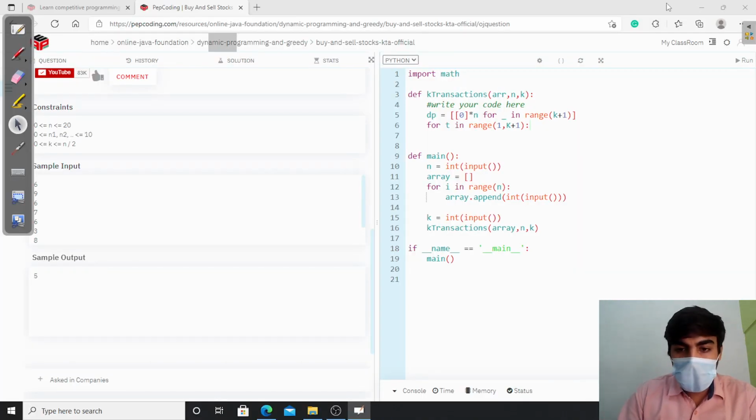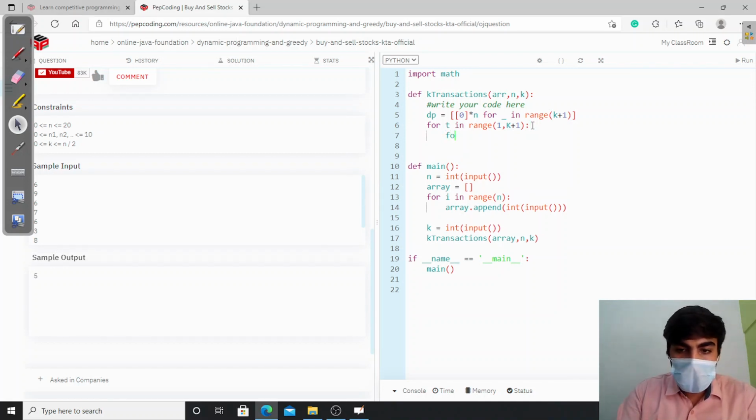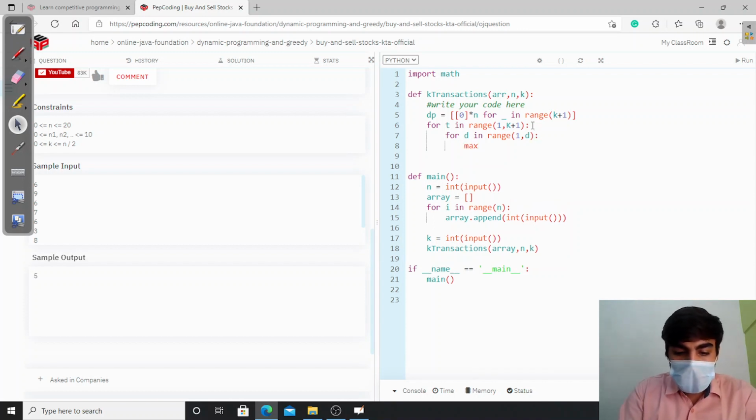So I am writing the for loop here. Then inside the for loop, we have a loop for days. I am denoting it by d, with range from 1 to n. Now here I am taking a max value, which is equal to dp of transaction, d minus 1.